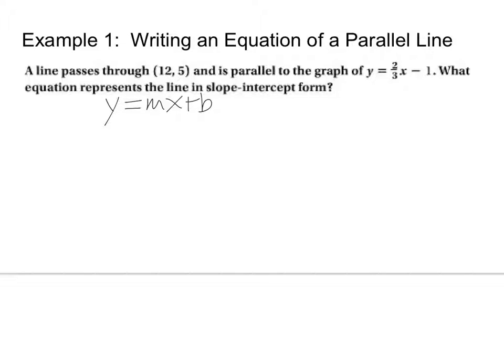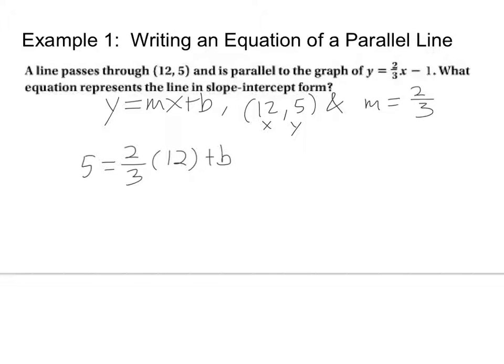So we're given the point (12, 5), which acts like our x and y, and we have slope 2/3. So we're going to plug those values for x, y, and m into the equation for slope-intercept form and solve for b.